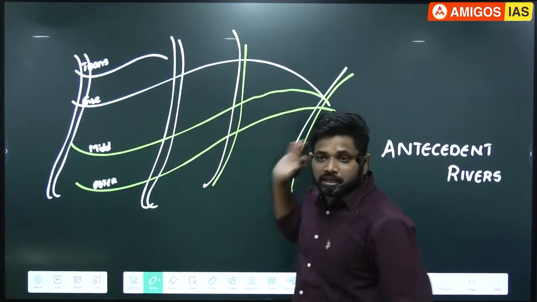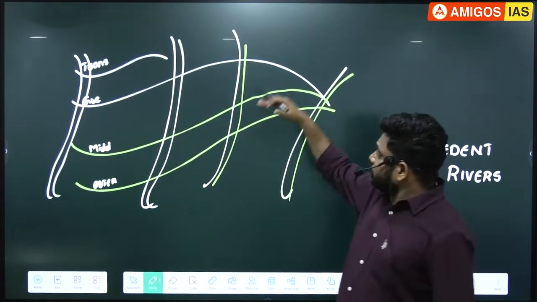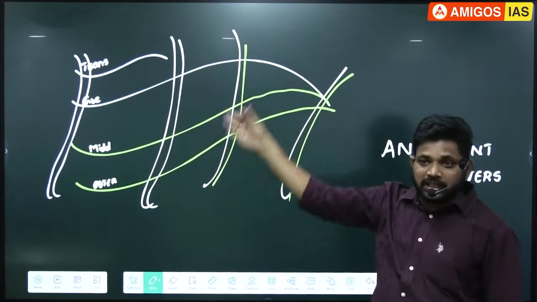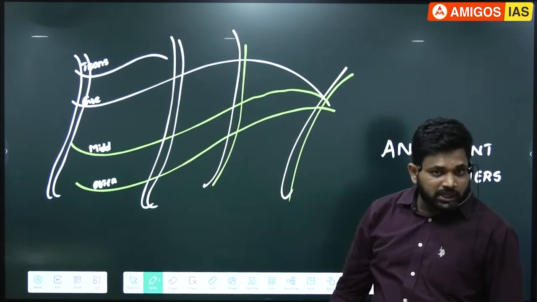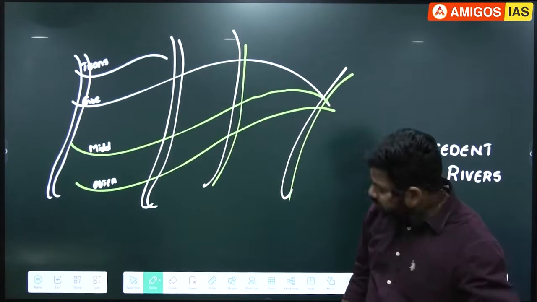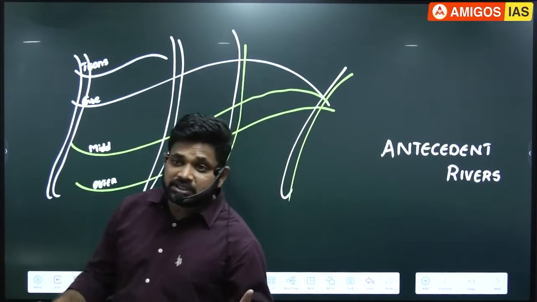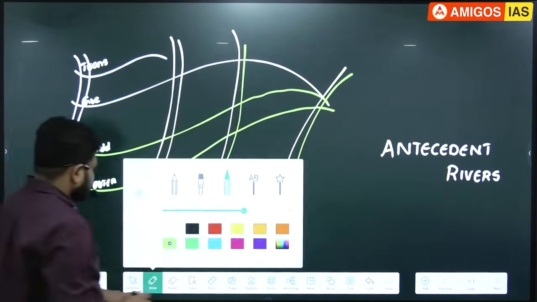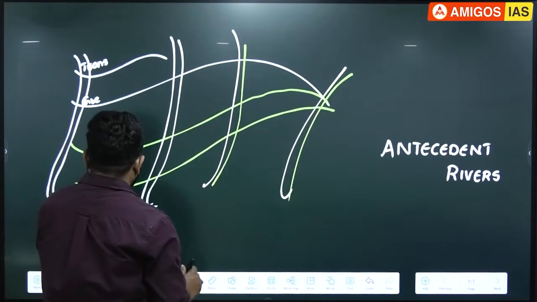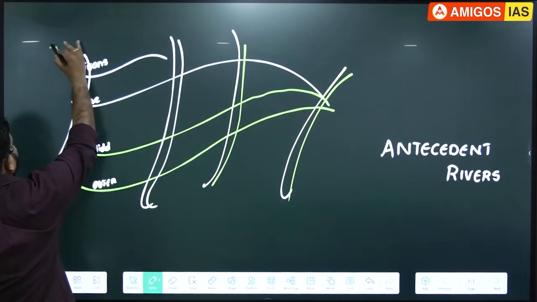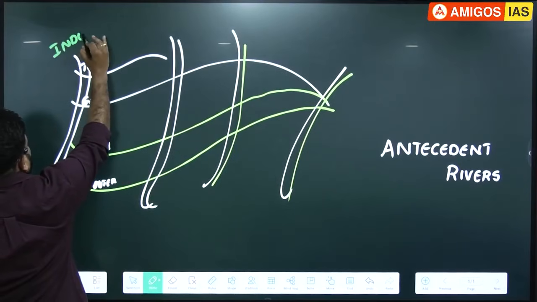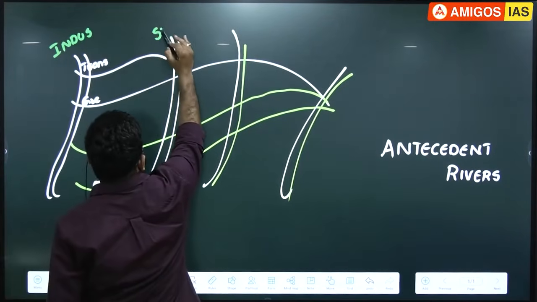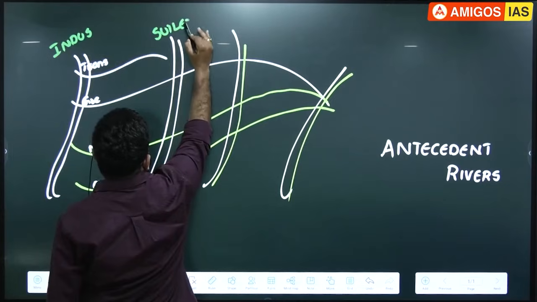See here, these are the rivers. These rivers are moving vertical to the Himalayas. The main important antecedent rivers which are differentiating Himalayas vertically are, see the first river, the first river is Indus. The second river is called Sutlej.